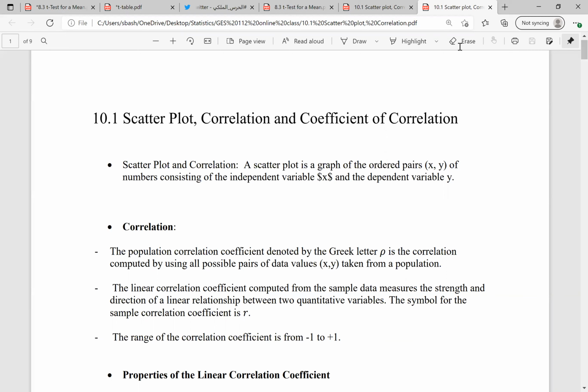For any relation, for any function, we have two variables, x and y. X, we call it independent, because we can choose any value for x, but y will be the output of using the independent value of x.